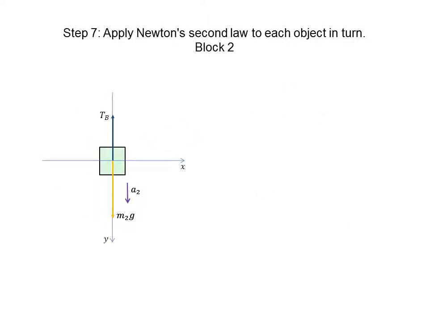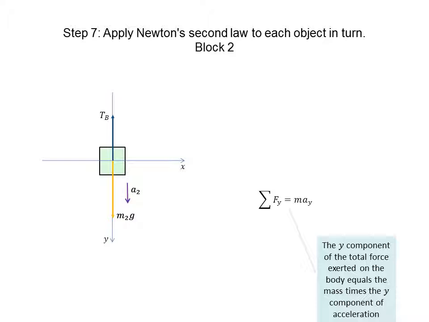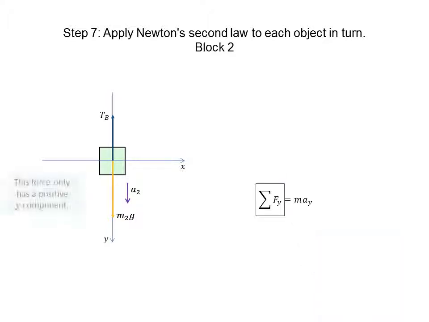Step 7. Apply Newton's second law to each object in turn. Block 2. The y component of the total force exerted on the body equals the mass times the y component of acceleration. This force only has a positive y component.